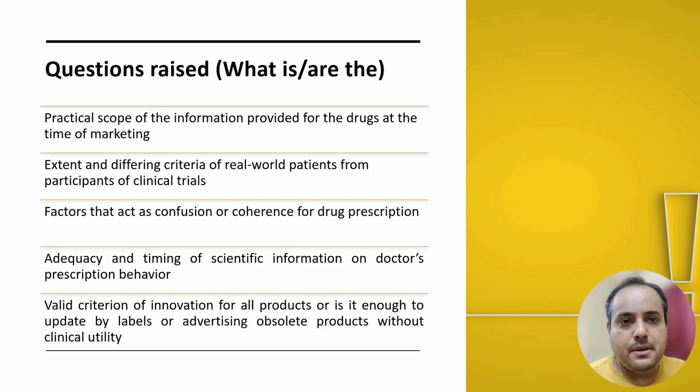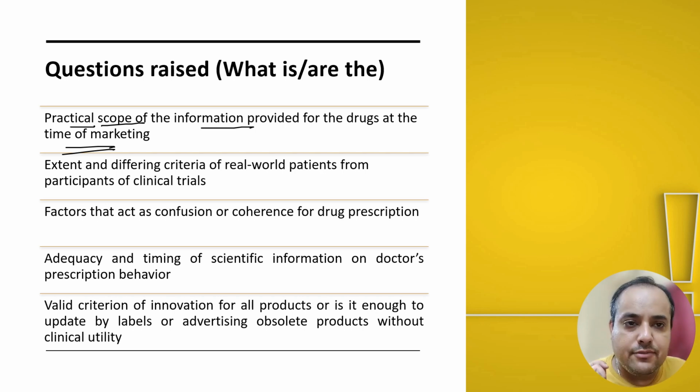Now pharmacoepidemiology raises some fundamental questions. The questions are either what is or what are the. The first question that it raises is, what is the practical scope of the information that has been provided for the drugs at the time of marketing?